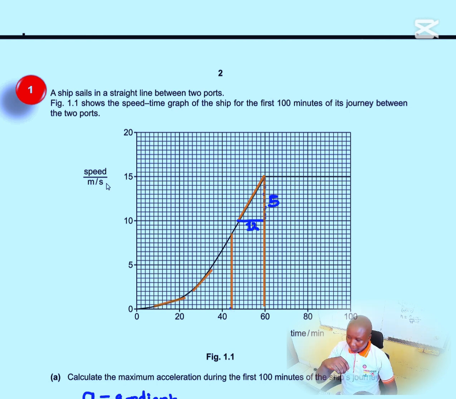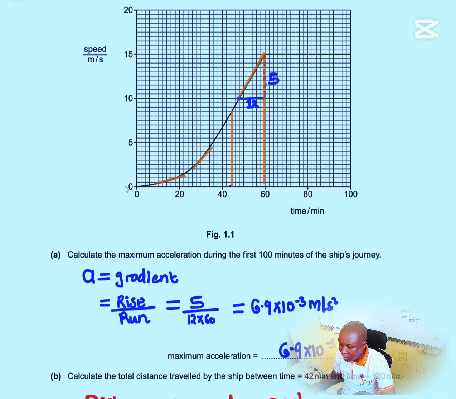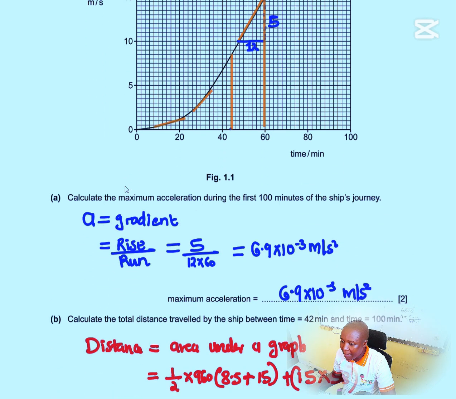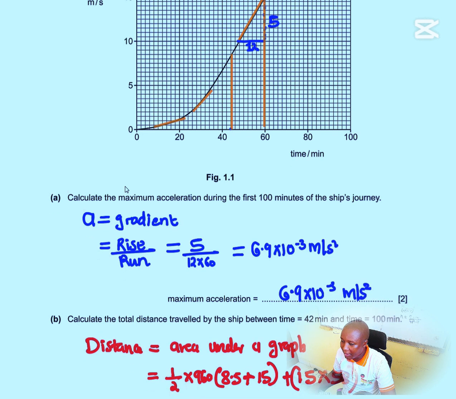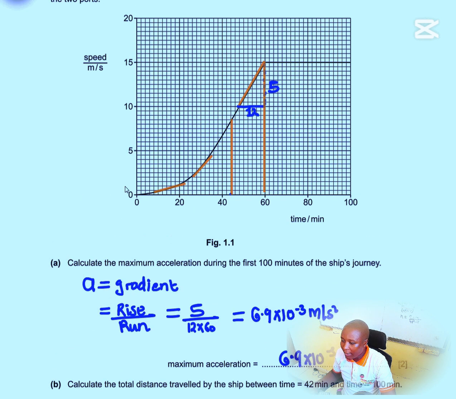Now, looking at this question here, we are told that a ship sails in a straight line between two ports, and then we are supposed to determine the maximum acceleration during the 100 minutes of the ship's journey. So if you look at the gradient of each line, if I draw a tangent at this point, we're going to have a slanting line.